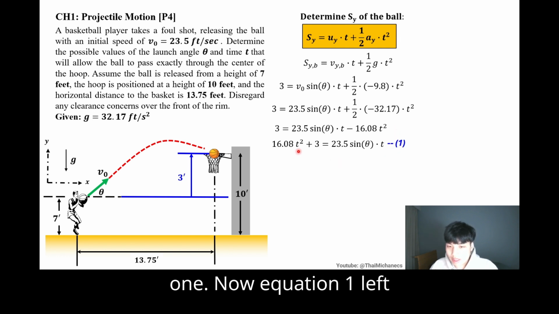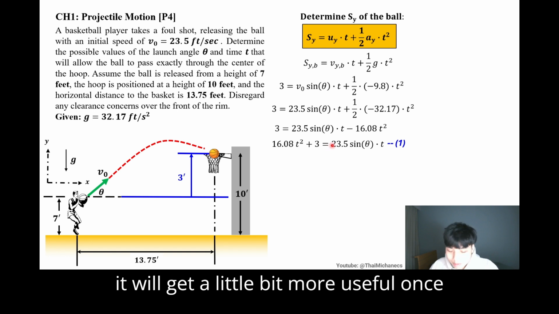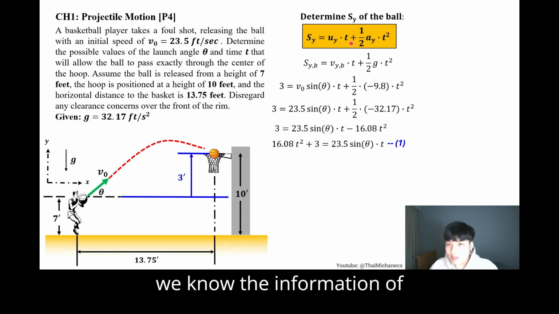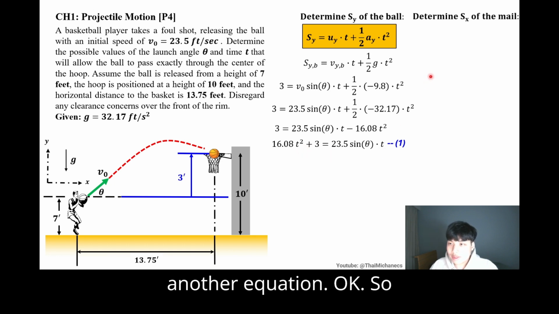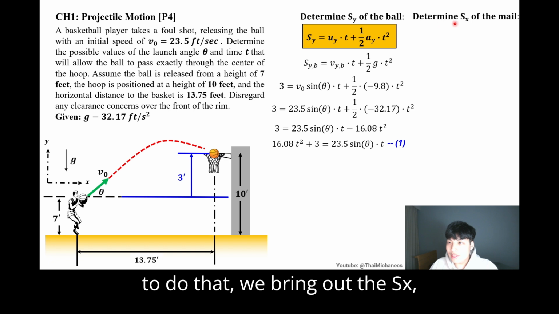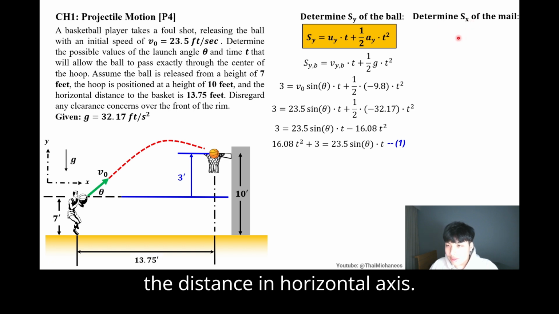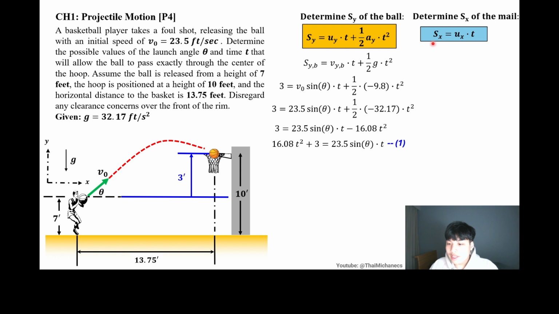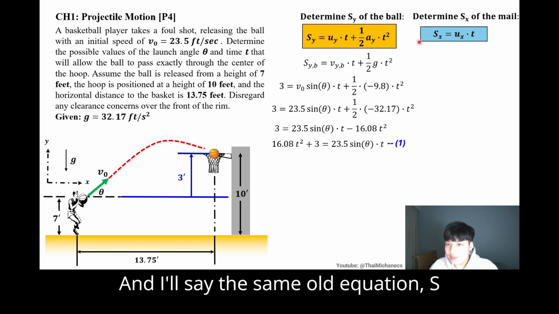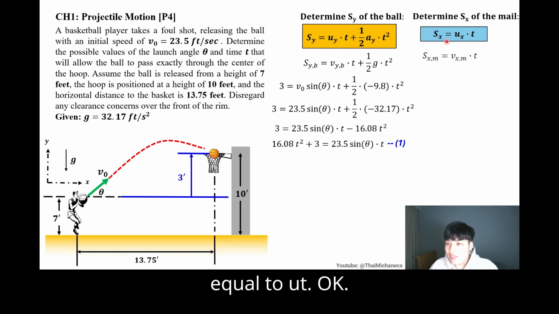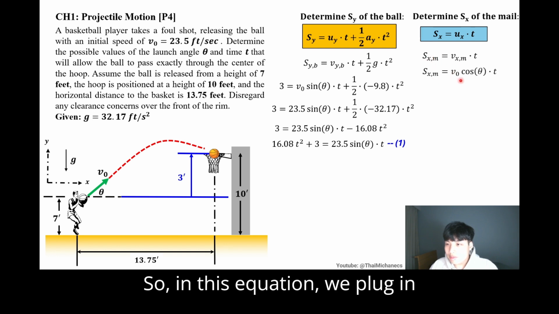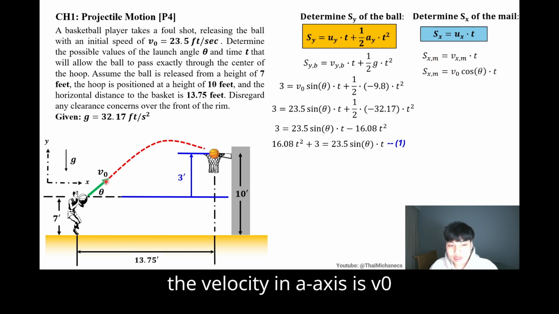Now equation 1 leaves us with t, t squared and theta, and I'll tell you it will get a little bit more useful once we know the information from another equation. To do that, we bring out sx, the distance in the horizontal axis, and the same old equation, s equals ut. In this equation we plug in the velocity in the x-axis, v0 times cos theta.